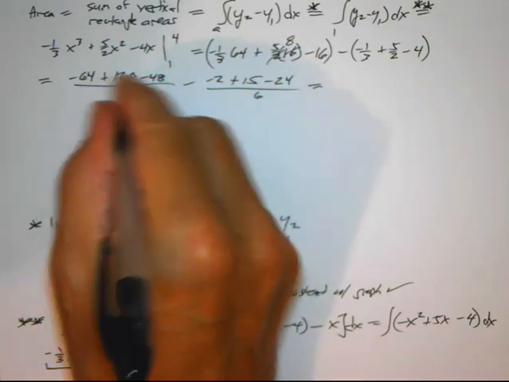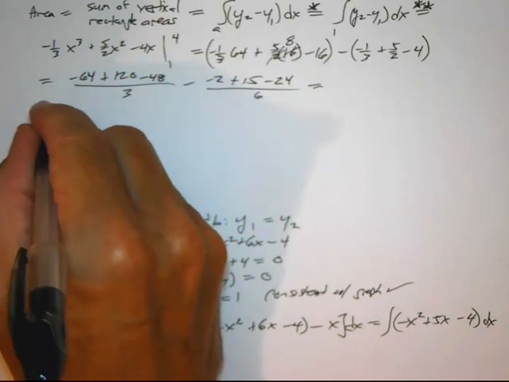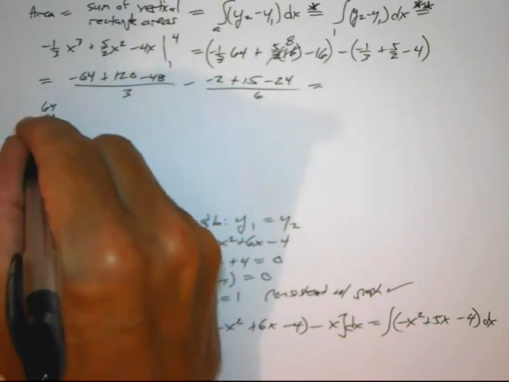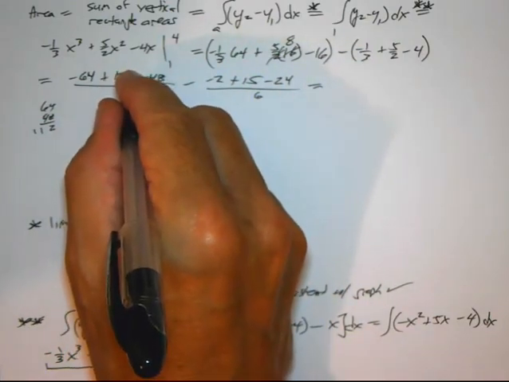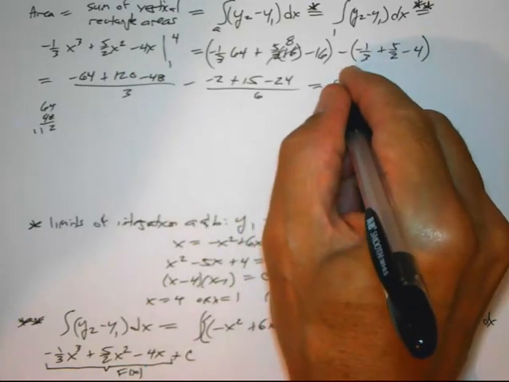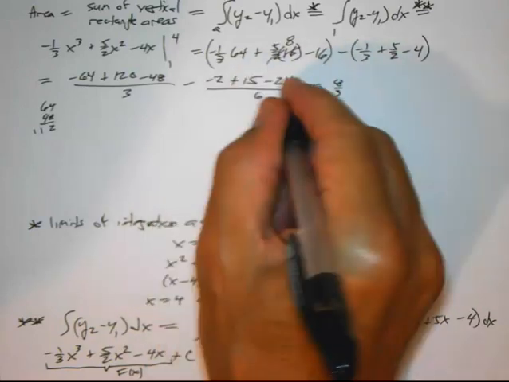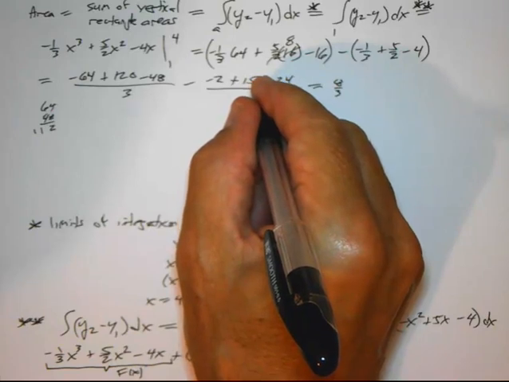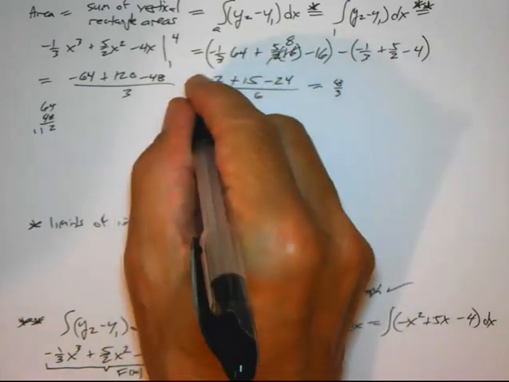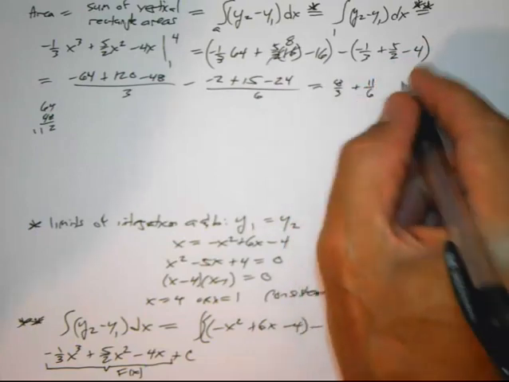This is the negatives, 64 and 48. 112 negatives and 120 positives. Looks like that's a plus 8. That's 8/3. This sixth part here looks like there's negative 26 and then plus 15. Okay, so that would make that a negative 11. We're subtracting a negative. We're adding 11 sixths.